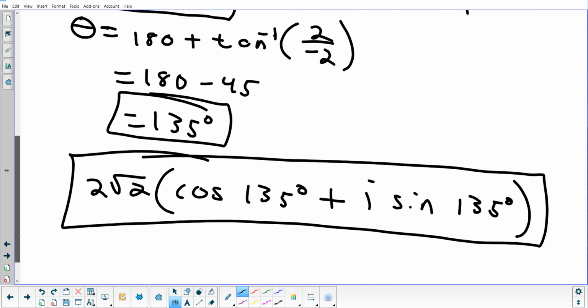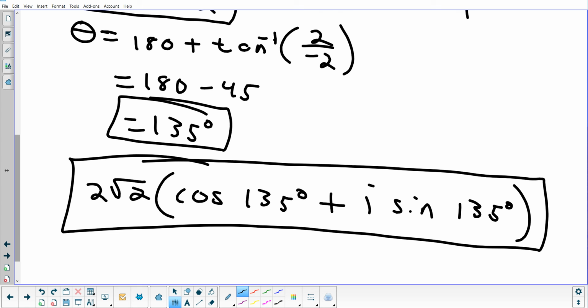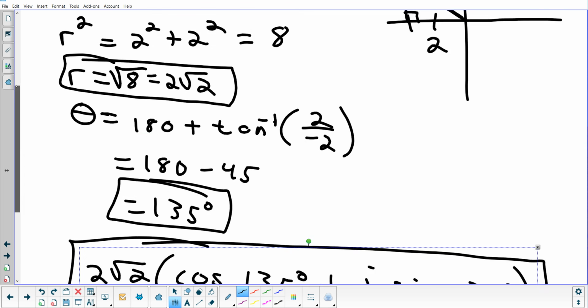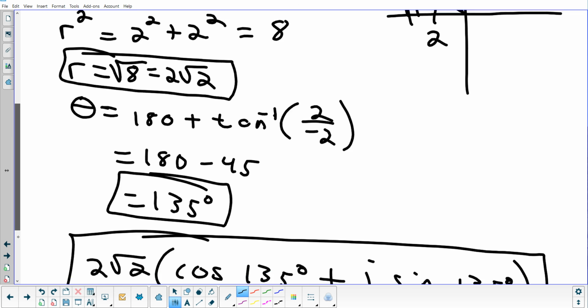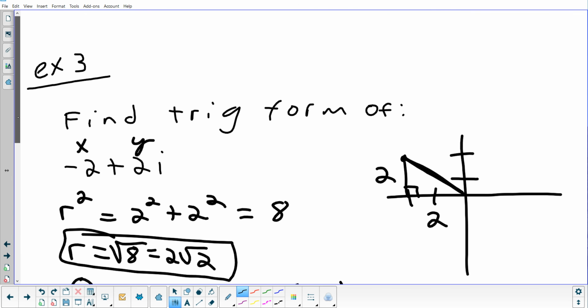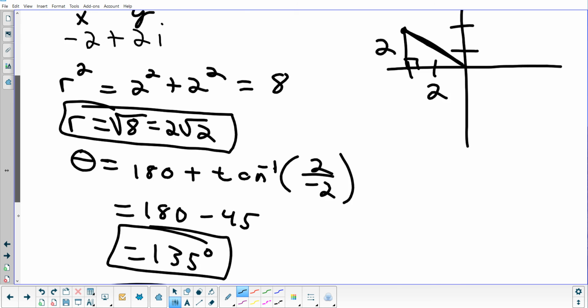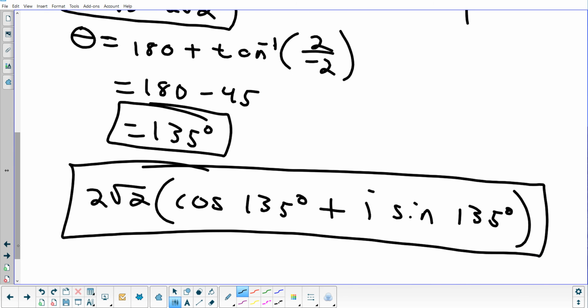And then, if you took the sine of 135 and multiplied that by 2 root 2, you would get +2. If you did this out, you'd be changing it back to what you started with. So you can do it out if you want to check your answer, but if they want you to write it in trig form, that's where you want to stop. Okay.